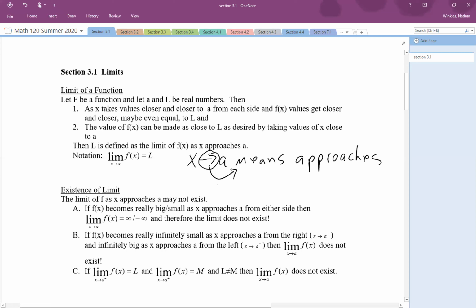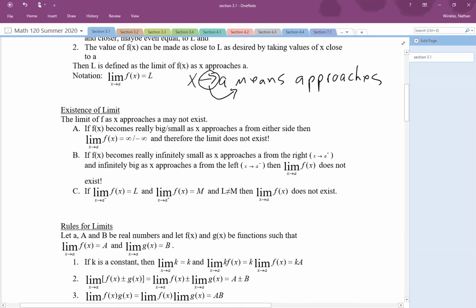So what we're talking about here is we have a function. We're going to try and pick x values that are close to some value a, and we're going to get as close as we can to these x values. And when we plug that in, we're hoping that we're going to start coming to a value of L.